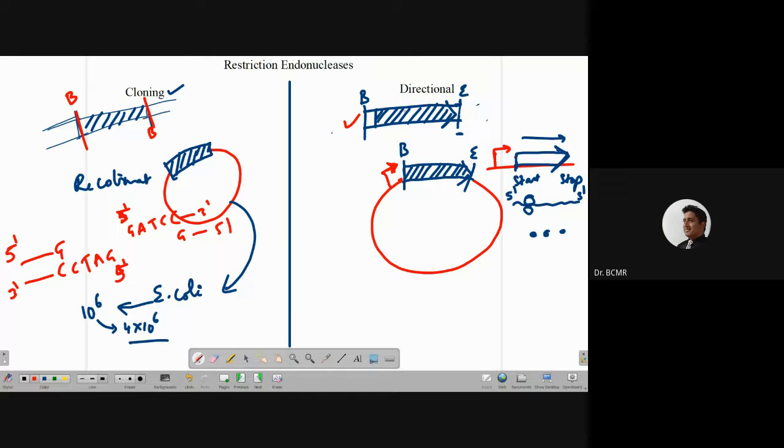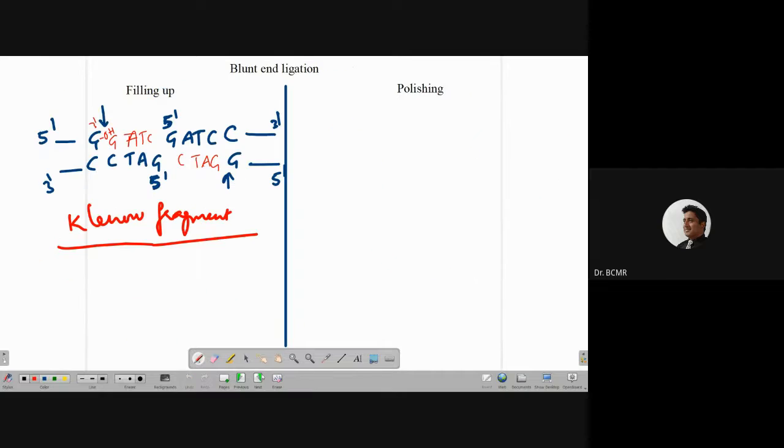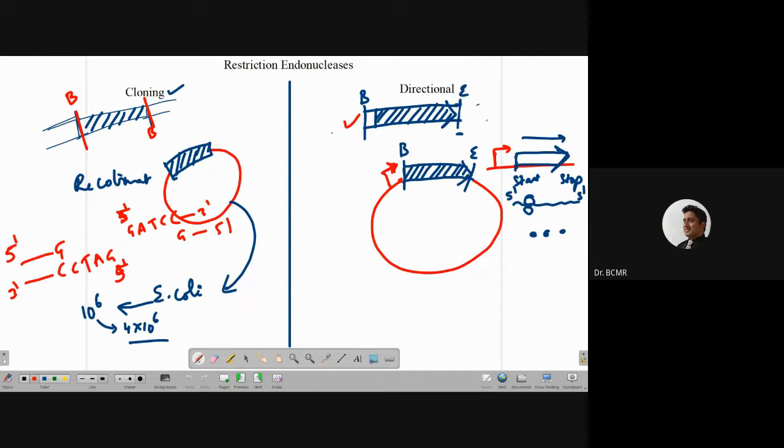If it is not possible, then we may have to resort to other means. Even in the same case here we are choosing by default to damage one restriction site on either side and also on the vector. And if it is there, it is well and good. If it is not there, what to do? Blunt end ligation is a good way of doing it.